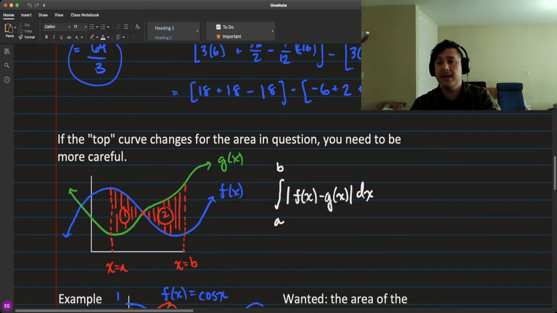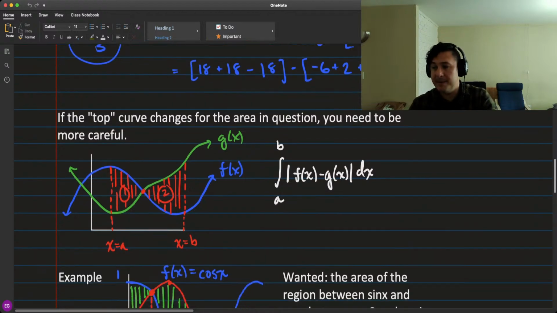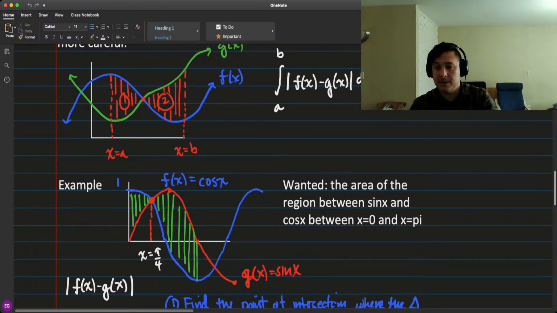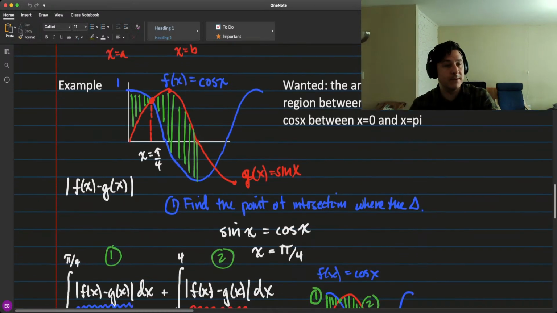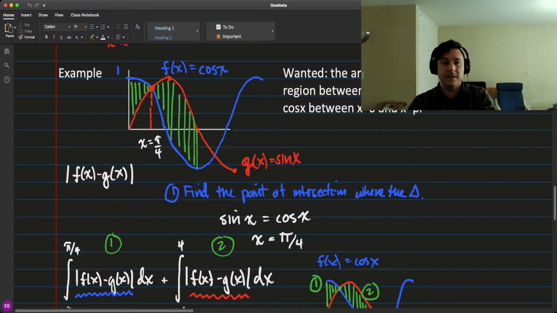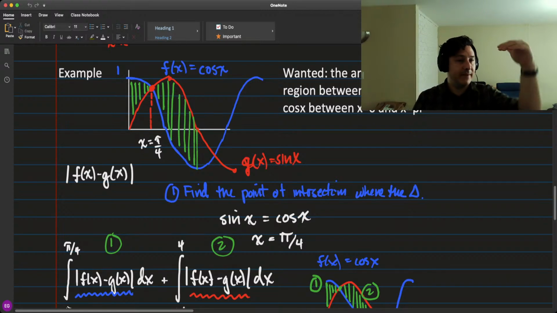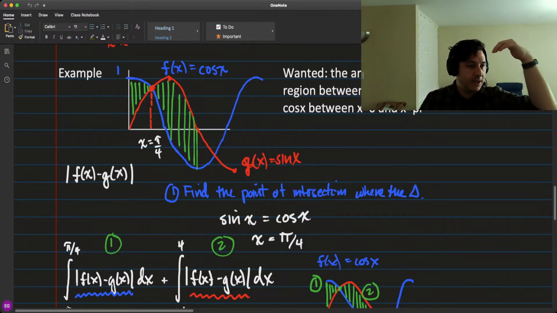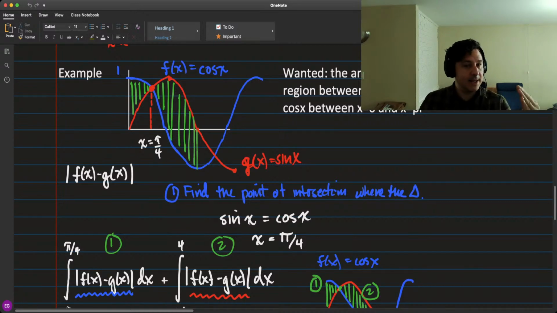The way you're going to do that is you're going to integrate from a to b the absolute value of f of x minus g of x. What ends up happening is that you're going to split your problem into two different integrals. For this example, you have the area between cosine and sine.